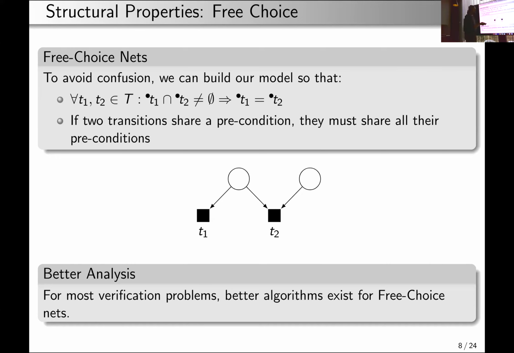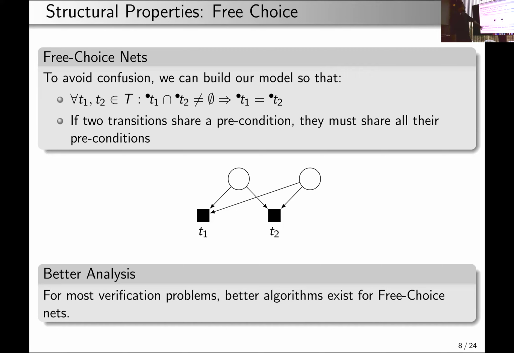We say the choice is conditioned by this place. A free choice net is where no choice is conditioned by any place. And the way to solve this is just by making sure that all preconditions of all transitions in choice are shared. So there are no places conditioning the choices.